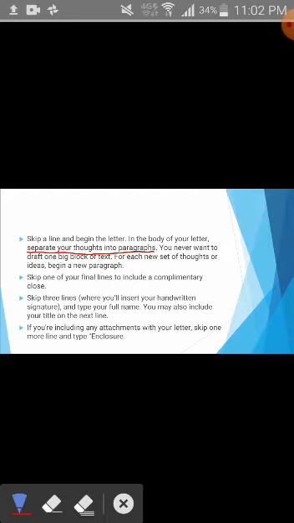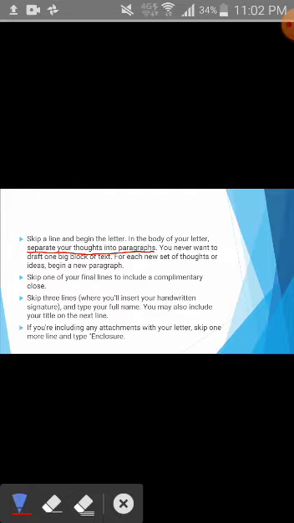Separation of thought means that a problem should be talked about in one paragraph, then a solution should be talked about in another paragraph, and then the suggestions or conclusion should be given at the end. Problems and issues should be given in another paragraph, right?